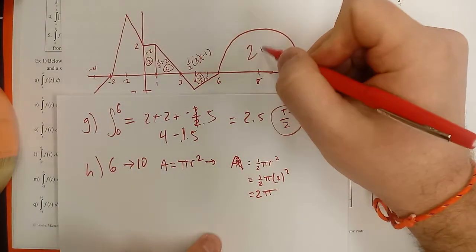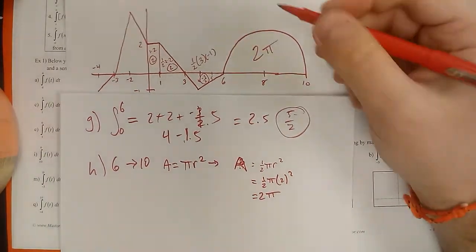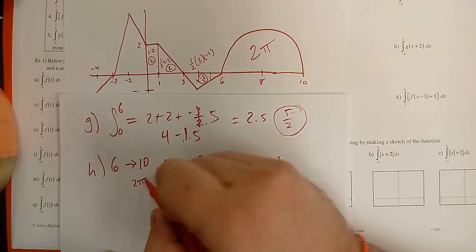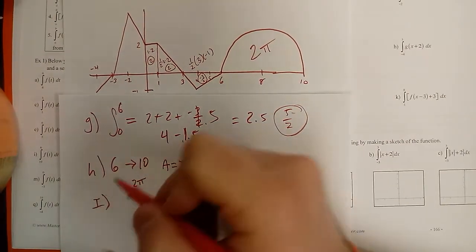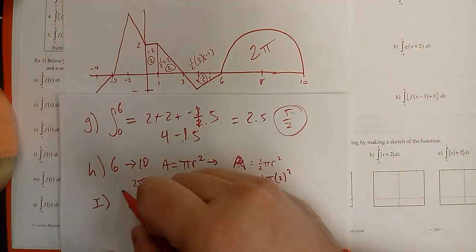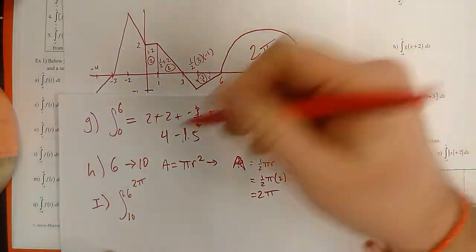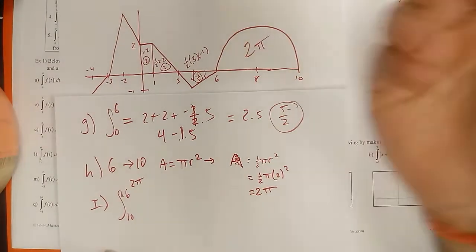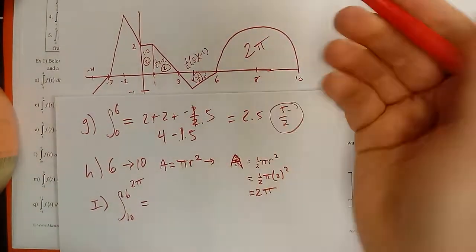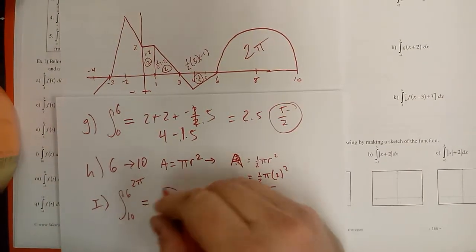The area of this part is 2 pi. Then I says go from 10 to 6. Remember, it's the reverse, so anytime we reverse, we just take the opposite answer. It was 2 pi, now it's negative 2 pi.